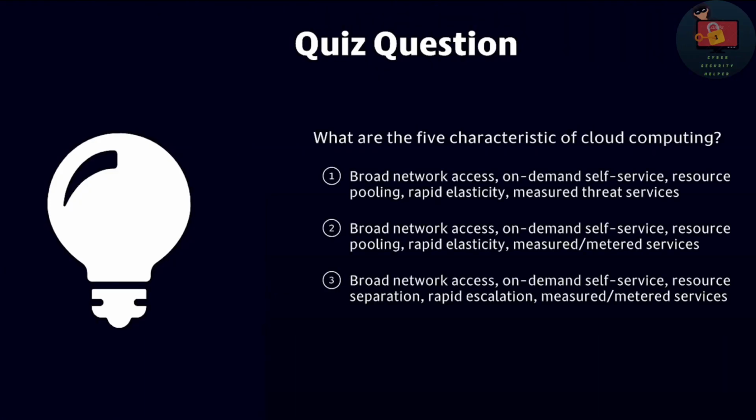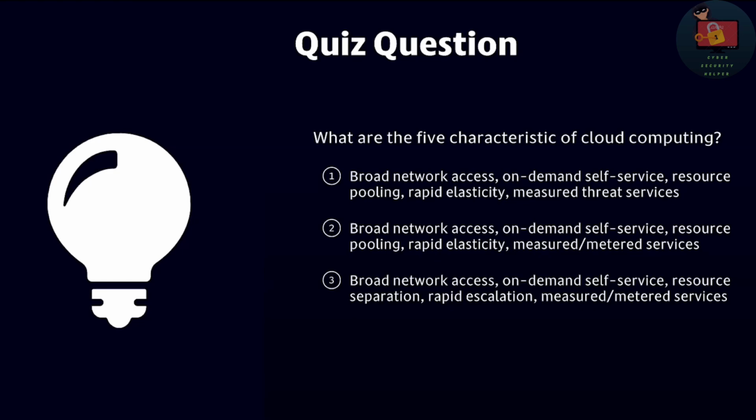All right, quick question. What are the 5 characteristics of cloud computing? A, broad network access, on-demand self-service, resource pooling, rapid elasticity, measured threat services. B, broad network access, on-demand self-service, resource pooling, rapid elasticity, measured/metered services.